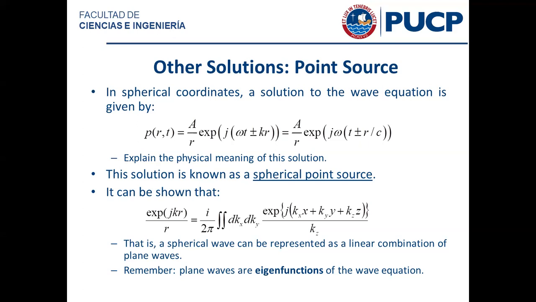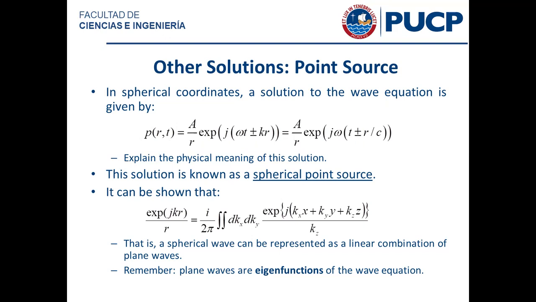Just because you went to a different coordinate system doesn't mean that they stopped being the solutions. It just means that it may be more difficult to express a solution as a combination of plane waves. And point sources carry a very special significance to the description of radiation of ultrasonic waves that we're going to see in practice in our next lecture.